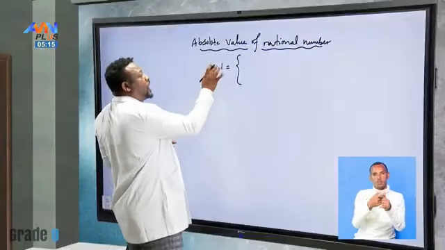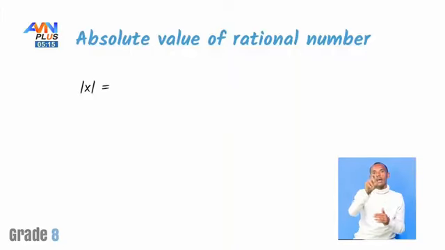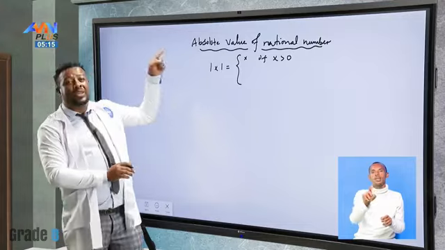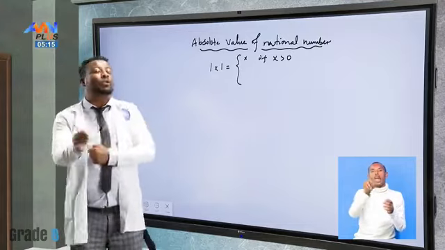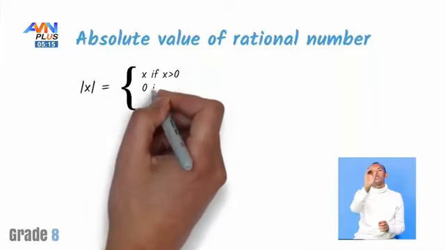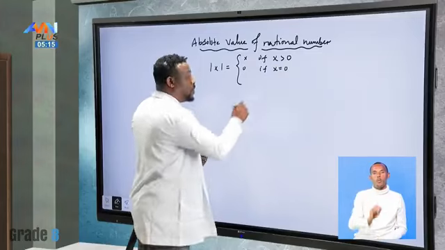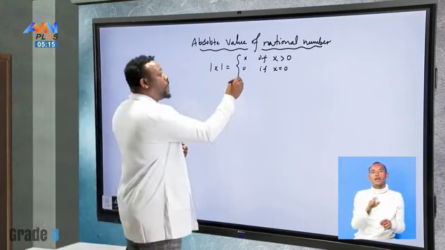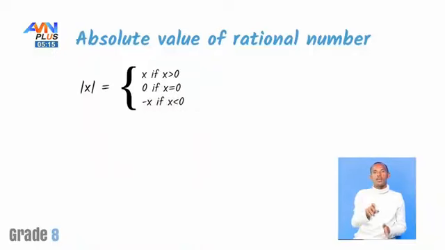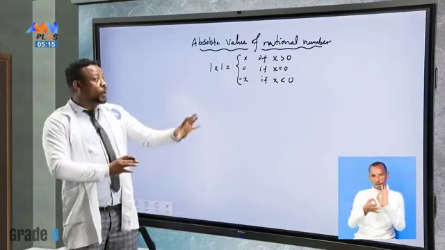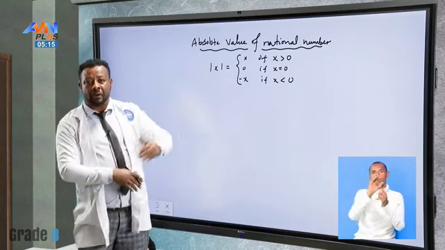The absolute value of x becomes x itself if that x is a positive number, and the absolute value of x becomes 0 if that number is 0, and the absolute value of x becomes minus x if x is less than 0, okay? We can define the absolute value of any number in this manner, okay?